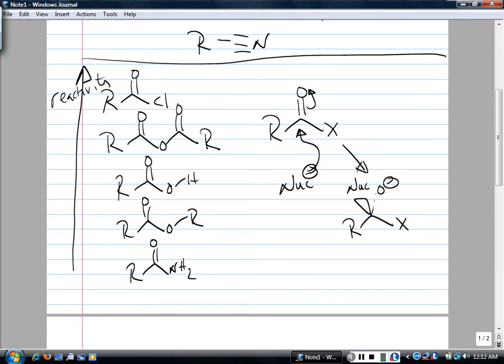And where this mechanism differs from what we've seen with aldehydes and ketones is that with the aldehyde and ketone, what would happen next is I would protonate this O, and I could, for example, convert an aldehyde to an alcohol.